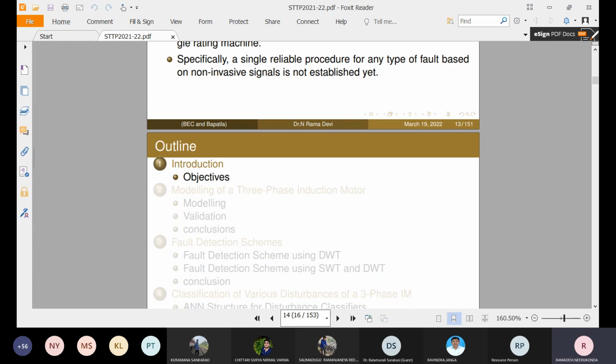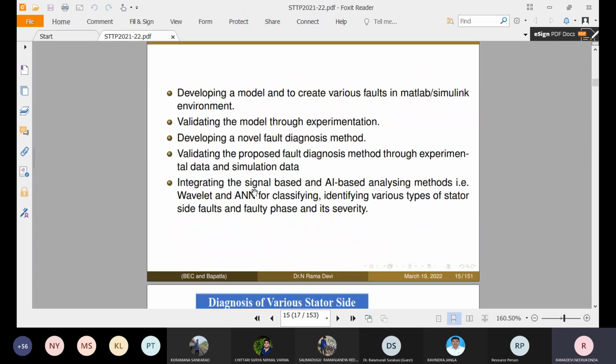we follow these objectives. These are the major objectives for today's session. The objectives are developing a model and creating various faults in the MATLAB Simulink environment, validating the model through experimentation, developing a model and creating the faults and diagnosing those faults.